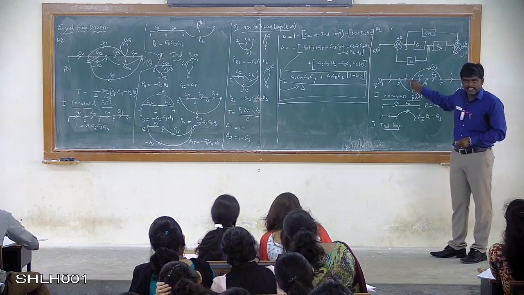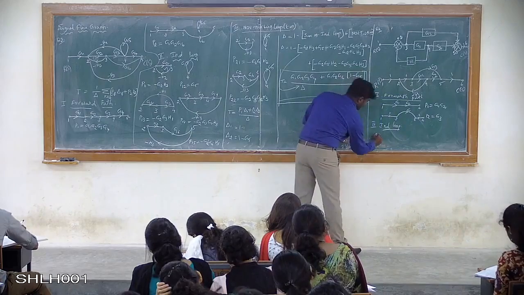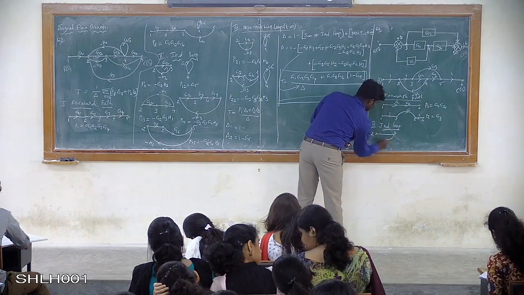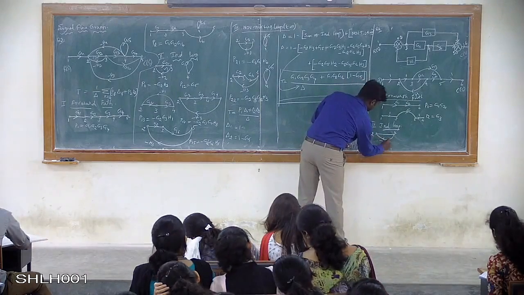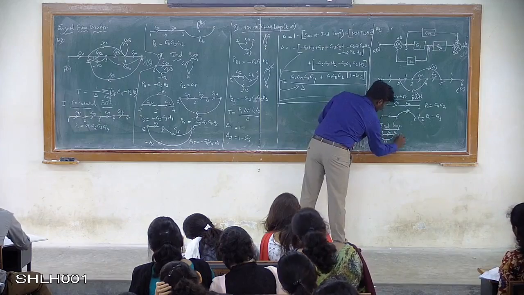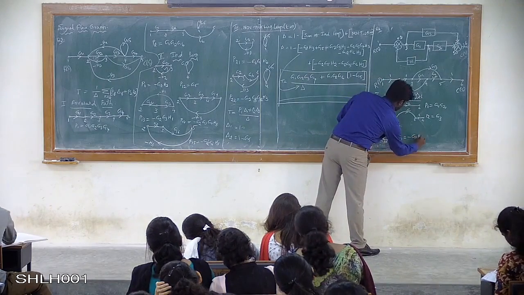So can we take this as one individual loop? Yes, we can take that as one individual loop. The node numbers are 2 to 4, then 4 back to 2. The gain value is minus H and 1 into G1. So P11 can be written as minus of G1 into H.